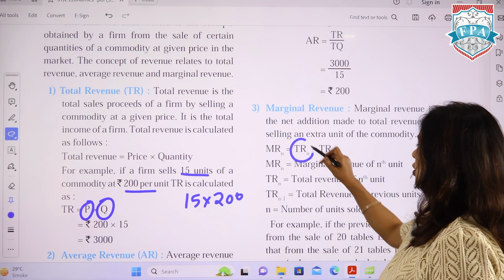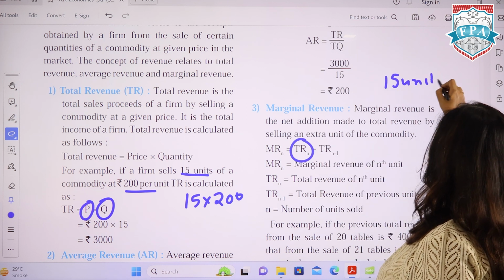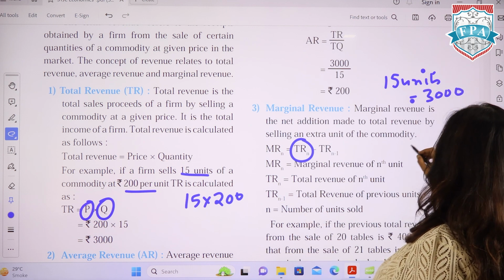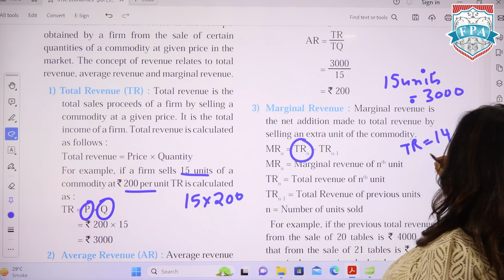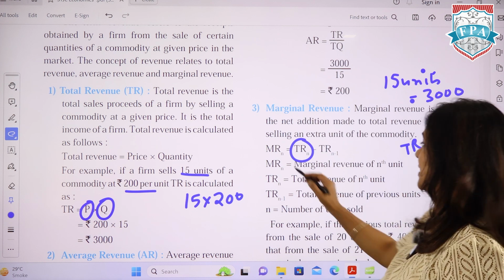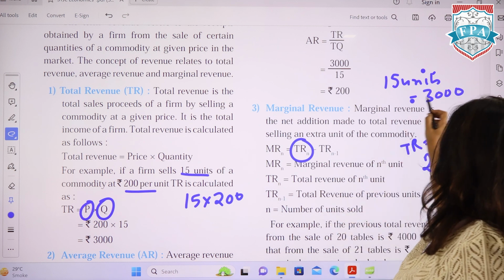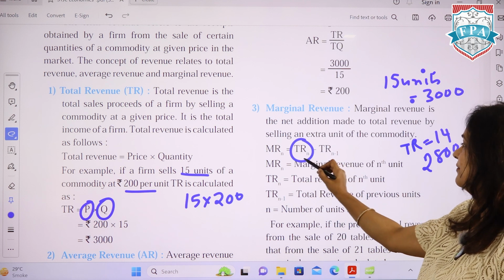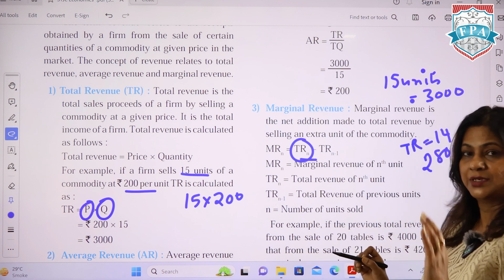So if I say from selling 15 units you are getting a revenue of 3,000, and the total revenue from 14 units is 2,800, then the marginal revenue from that 15th unit will be what? 3,000 minus 2,800. Explain the same thing here: total revenue from n units minus total revenue from n minus 1 unit.